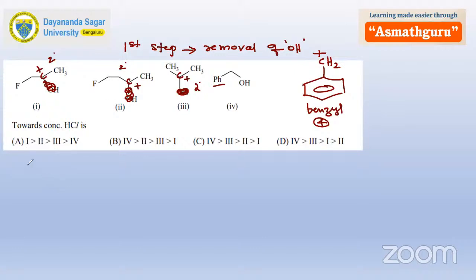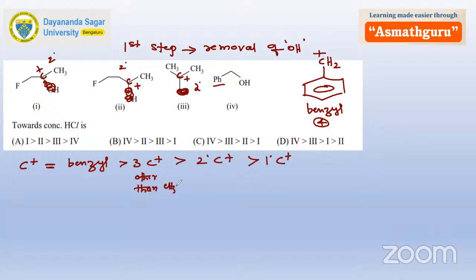And when it comes to carbocation, I already told you when I did alkynes, benzyl carbocation is more stable than tertiary carbocation, more than secondary, more than primary carbocation, other than CH3. Then CH3.